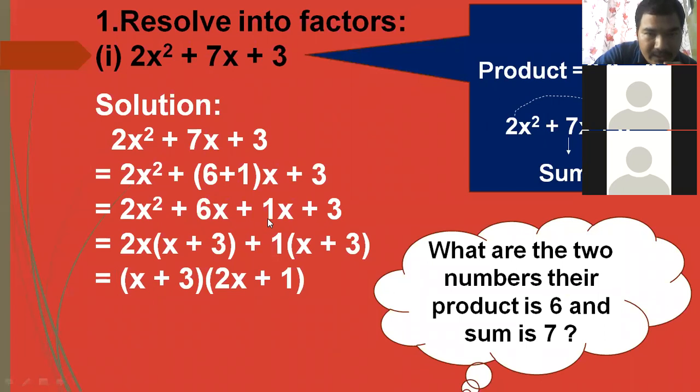And when we take common from 1x and 3, what is common there? 1 is common, because 3 also has a factor 1. 3 into 1 there is. If you take 1 common, then x plus 3 is left in the bracket.